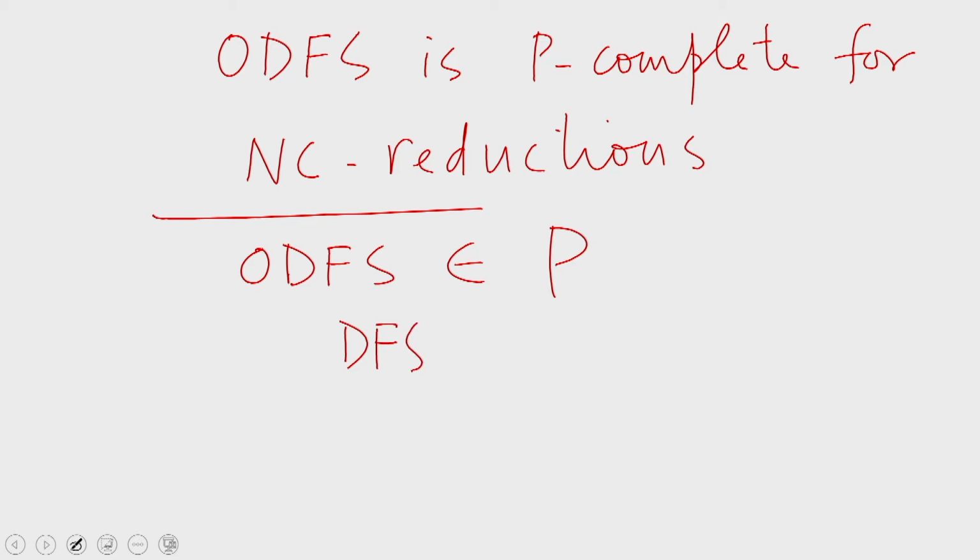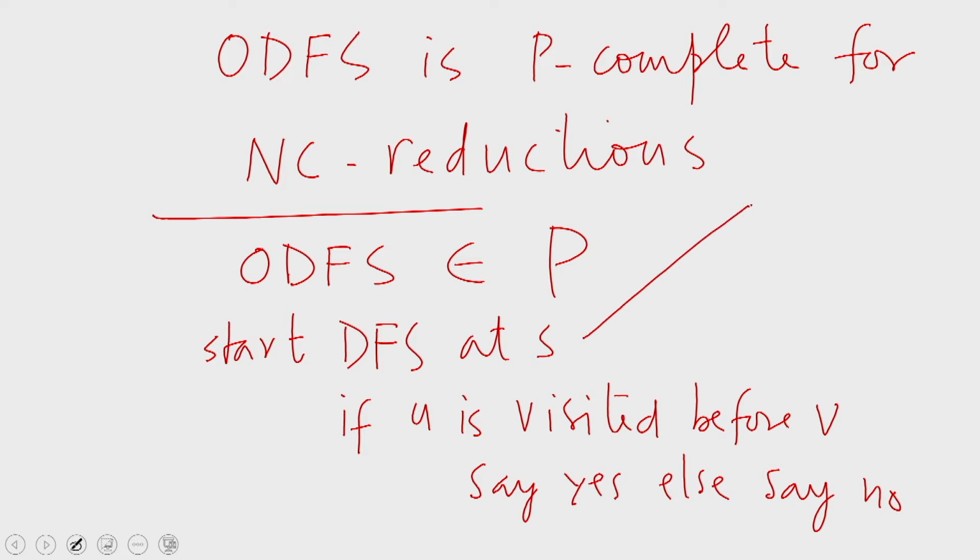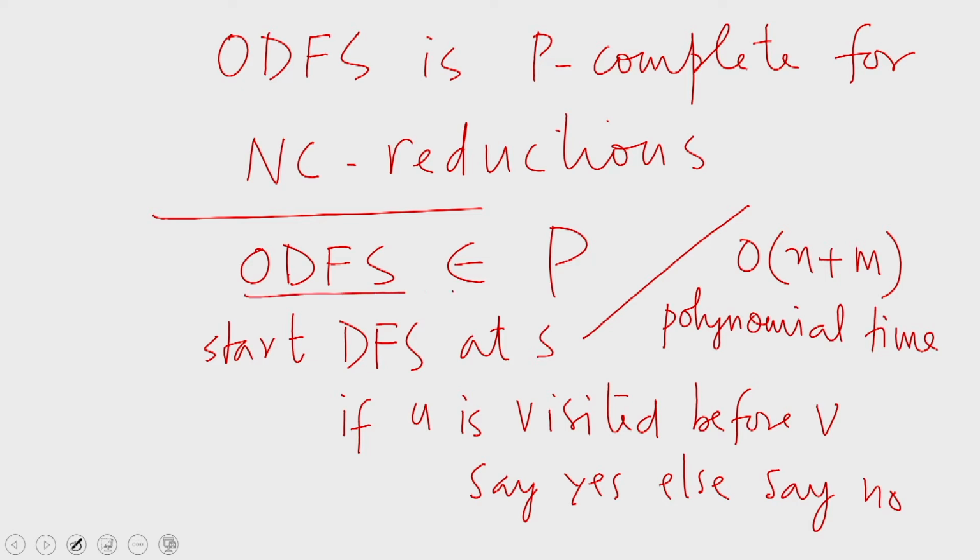You start DFS at S; if U is visited before V, say yes, else say no. We know that DFS on a graph of n vertices and m edges will run in order of n plus m time. The number of edges in the graph is at most order of n squared. So, this is a polynomial time algorithm. Therefore, ODFS belongs to P. So, this is the first part of the proof.